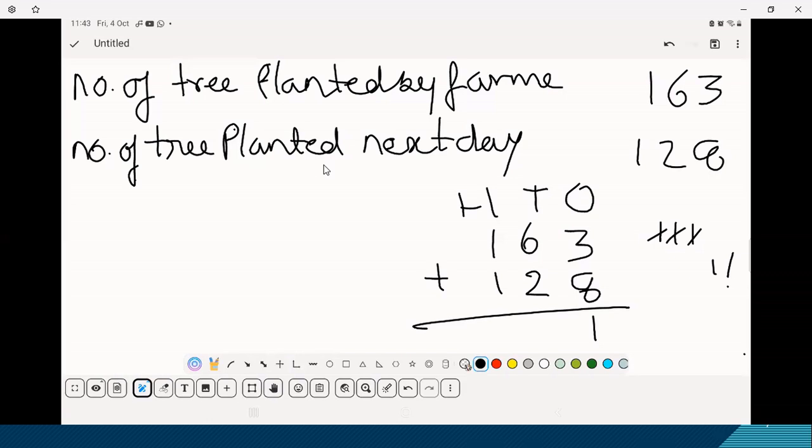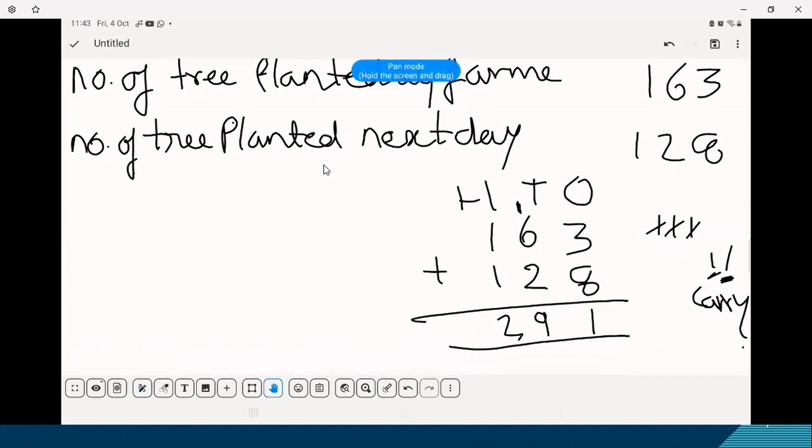This one is going right below the ones, and this one is going to be the carry. So this one is added to the tens group. So 6 plus 1 is 7, and 7 plus 2 is 9. So this 9 is here, and 1 plus 1 is 2. So the total number of trees is 291.